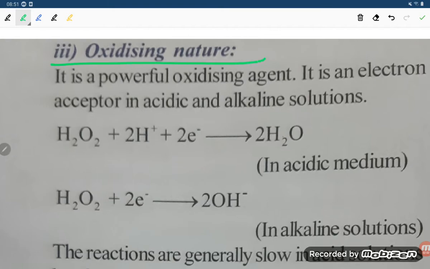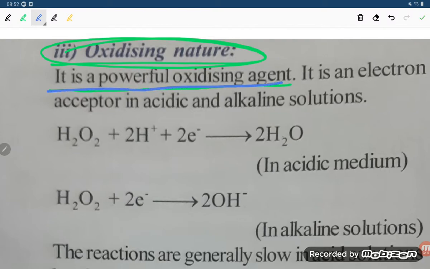The next point is oxidation of hydrogen peroxide. It is a powerful oxidizing agent. It is an electron acceptor in acidic and alkaline solution.